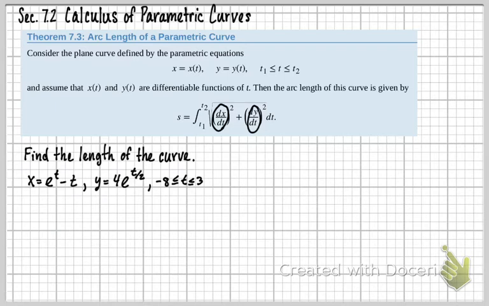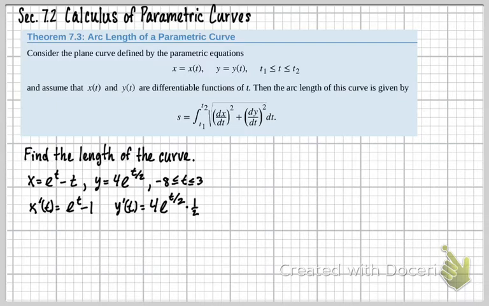So that means we're really going to need x prime of t. And x prime of t is going to be e to the t minus 1. And then y prime of t is going to be 4e to the t over 2, because the derivative of e to the t over 2 is e to the t over 2 times 1/2.